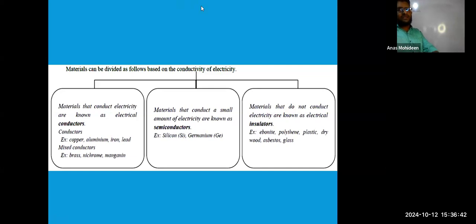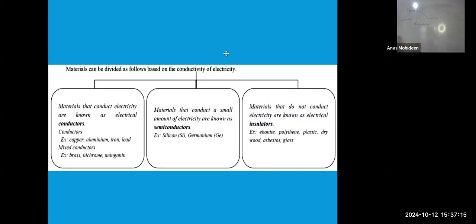Conductors conduct electricity very well, while insulators can't conduct electricity well. Then what is the reason, we will be discussing. In between those, there is another material, which our lesson is based on, which we term as semiconductors.